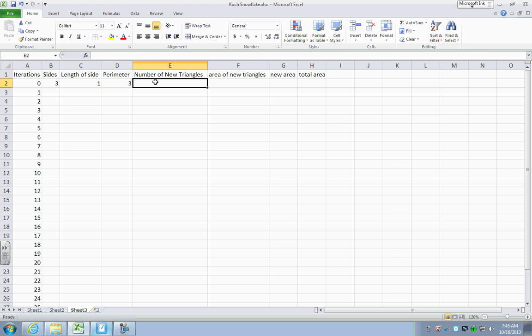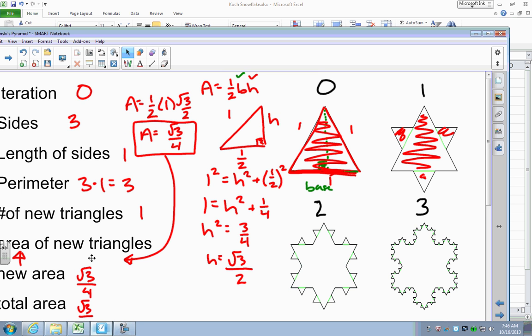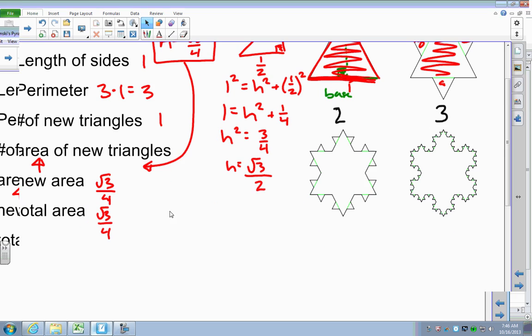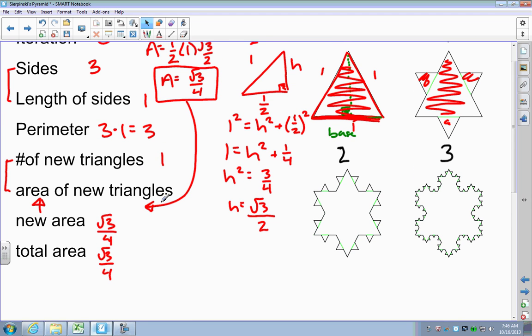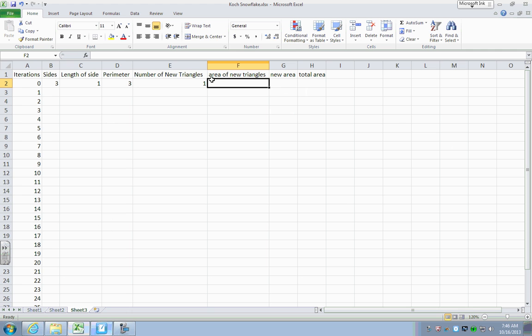Okay, number of new triangles is 1. Area of the new triangles, we said it was square root of 3 over 4. Here's how you enter it. SQRT, 3, close that up, divided by 4.